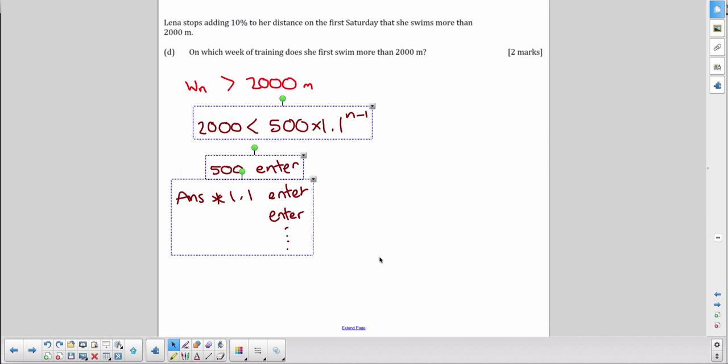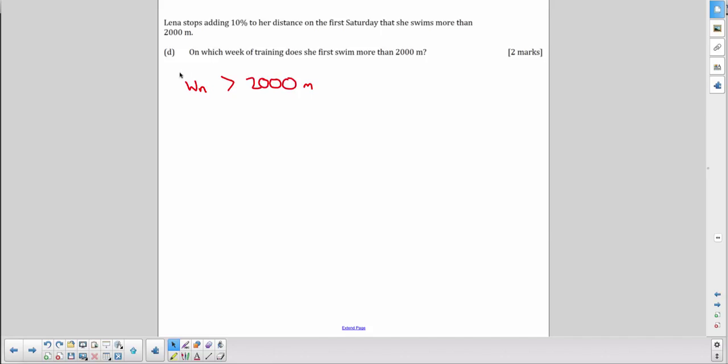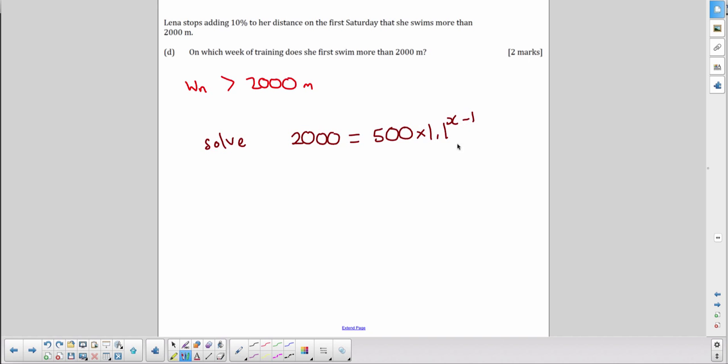That might not be a very satisfying approach, it's certainly limited, so let's have a more precise approach. A more precise approach, we're going to reach for the graphing calculator. We need to solve the equation, we want to find the x value where 2000 is equal to 500 times 1.1 to the power of x minus 1. This is our sequence, and if we find it when it reaches 2000, then we'll know when it's greater than 2000.